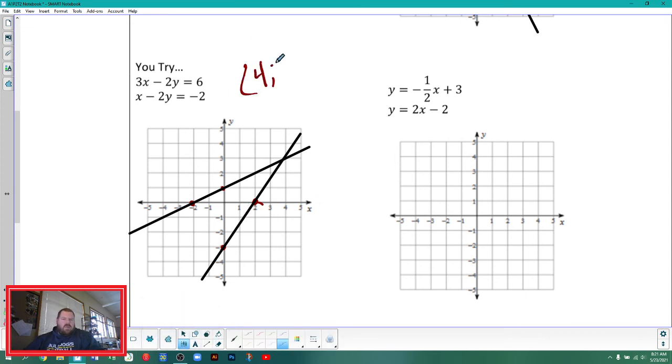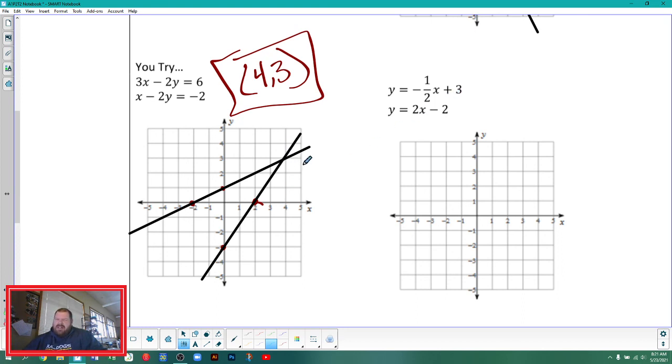So 4, 3. Probably wouldn't hurt for you to check it, to check whether or not that's actually the answer, because you're the ones graded on it. So I'd think about that.